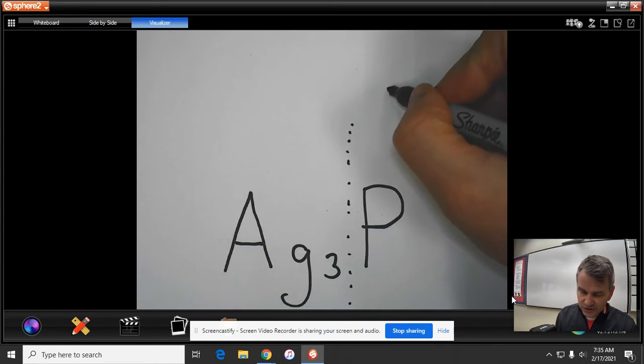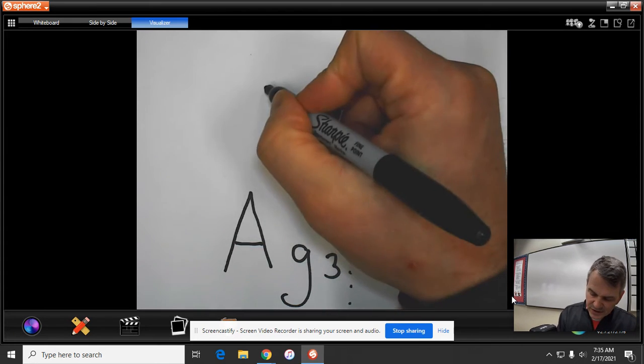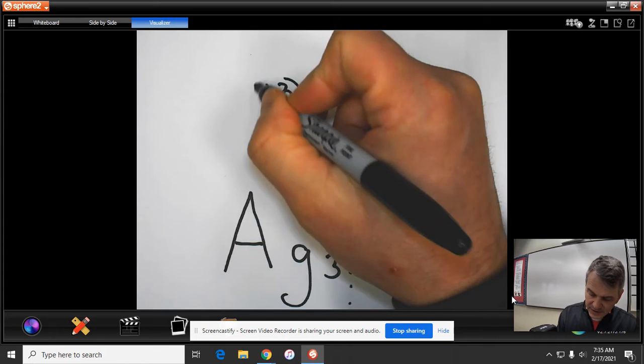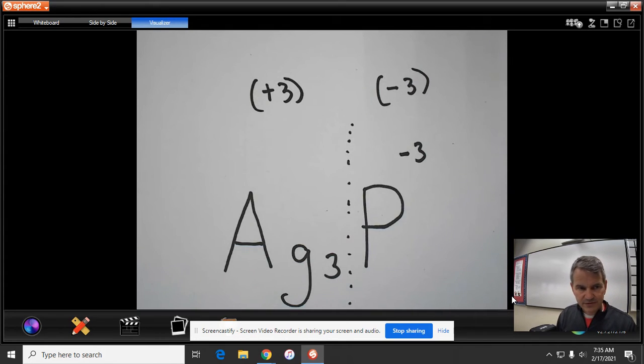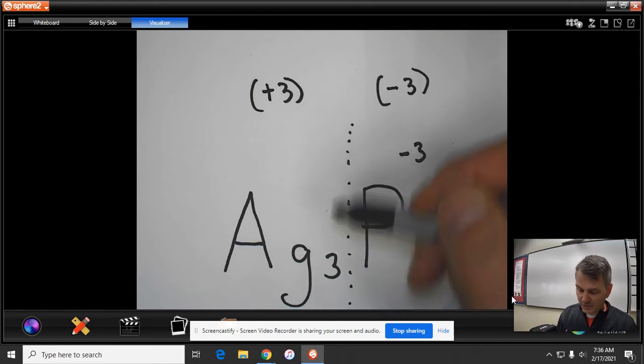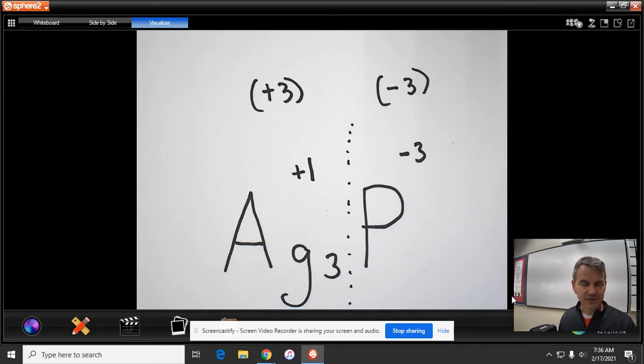So our overall charge is a -3, which means over here, just put +3. There are 3 silver atoms. What charge does each one have to have in order to give us a +3? Well, 3 times +1 gives us +3.